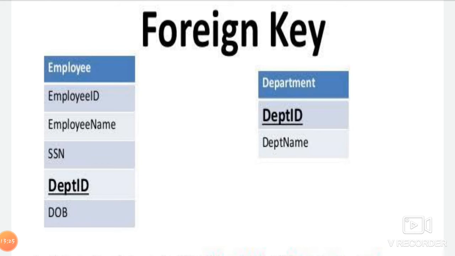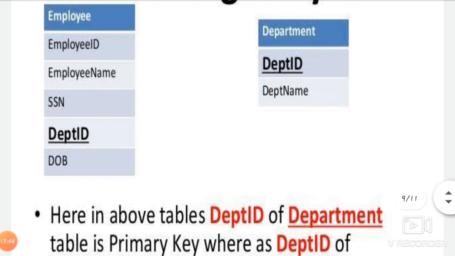Through which attribute can we connect this employee table with the department table? There is only one attribute, the department ID, through which we can connect this employee table with the department table. Whatever attribute gives the link between the two tables will be called the foreign key of this table.